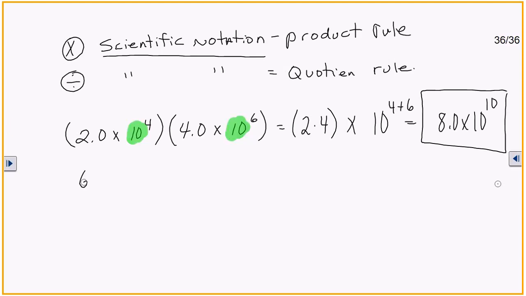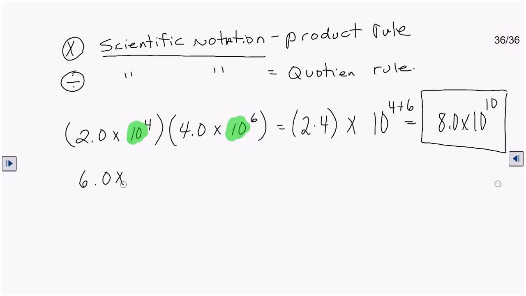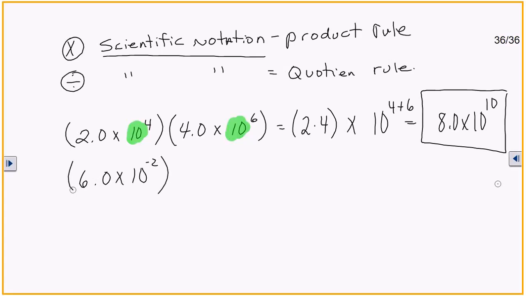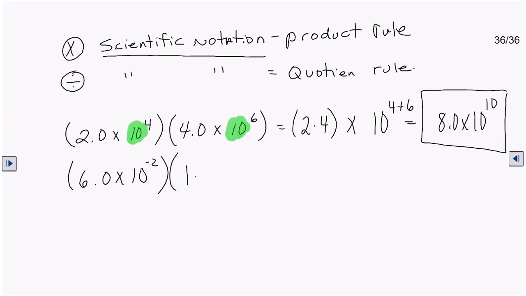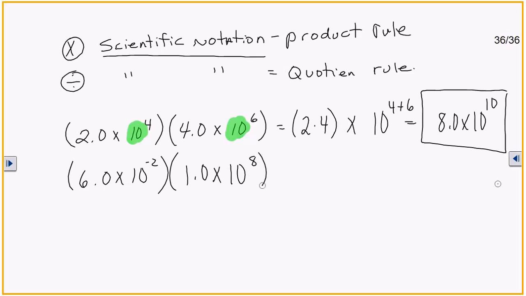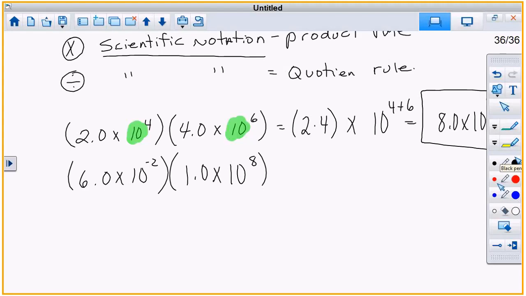Let's do 6 times 10 to the negative 2 times, let's do 1 times 10 to the 8th power. Okay, same thing. We got the same bases.